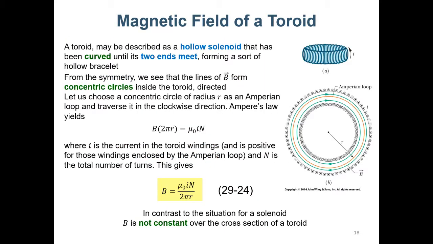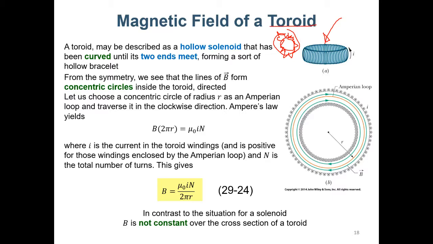So it will be something like a ring, something like this. Try to imagine it yourself, because the figure is showing it like that. So it is called the toroid.